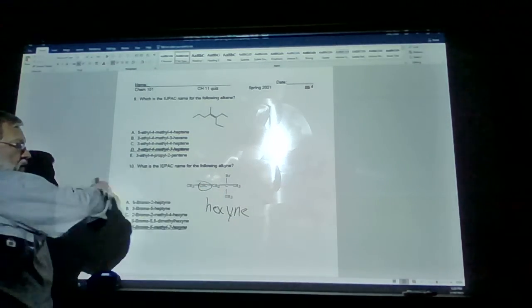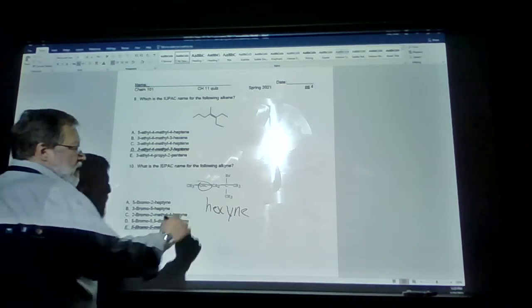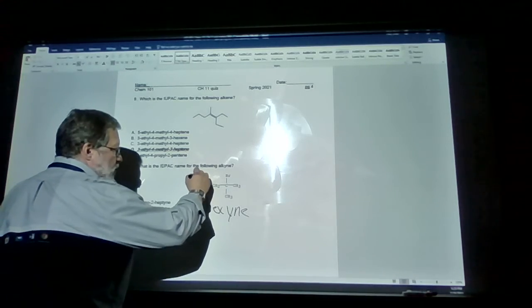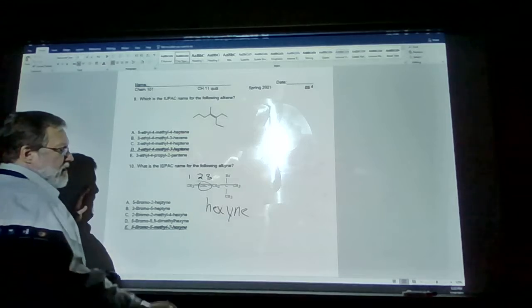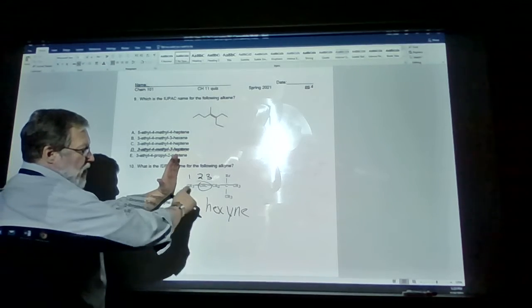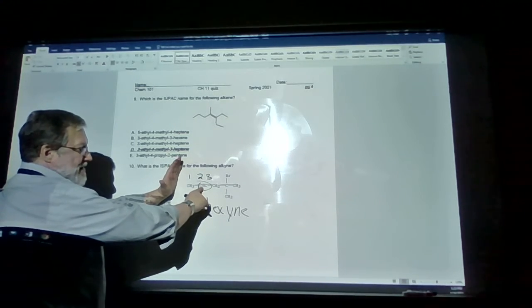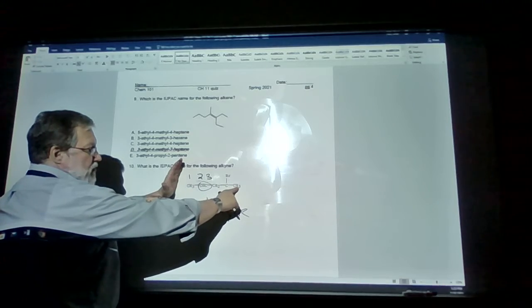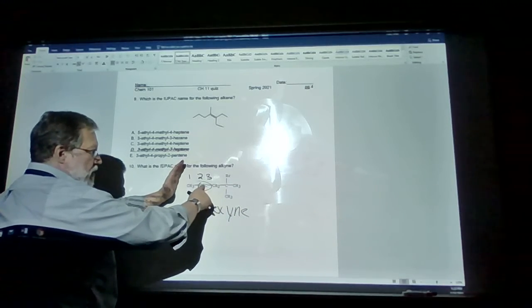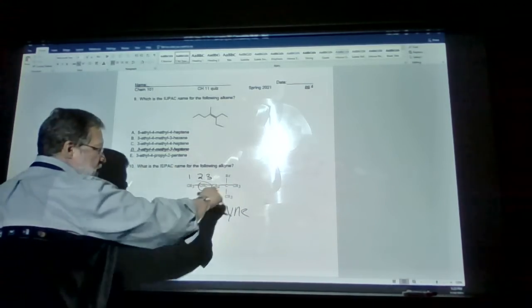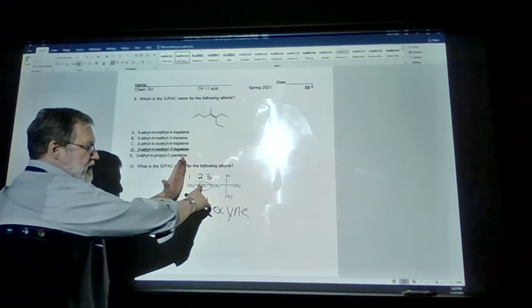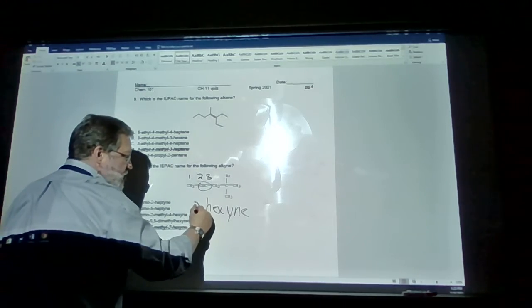So this means either numbering left to right or right to left. Well, I think you can see we need to number from left to right. If we number from left to right, the first carbon of the triple bond is at the 2. If we start here as 1, 1, 2, 3, 4. 2 is lower than 4, so this is C1, that is C2. So it is a 2-hexyne.